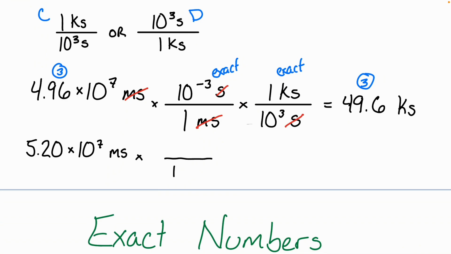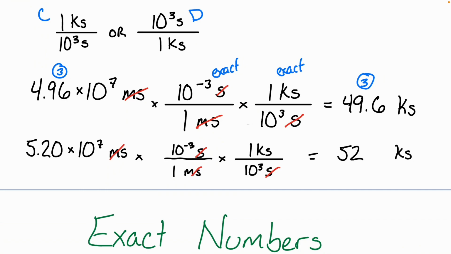So again, I'm going to first divide by the milliseconds and multiply by seconds, and then divide by seconds, multiply by the kiloseconds, so same exact setup. Okay? When I punch this into my calculator it spits out 52. Again, it's set up so that I'm left with kiloseconds. And so I'm done.